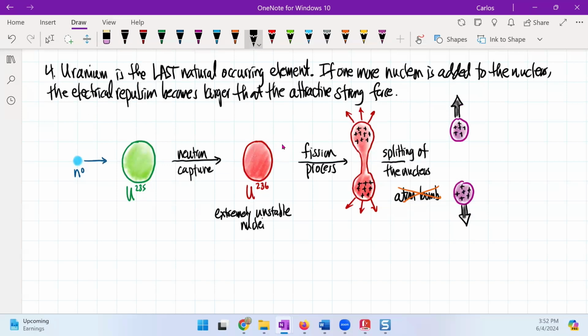So if I'm looking at this, what do I say to myself? You're going to find that there is an intense energy released here. So this has an extreme electrical repulsion.